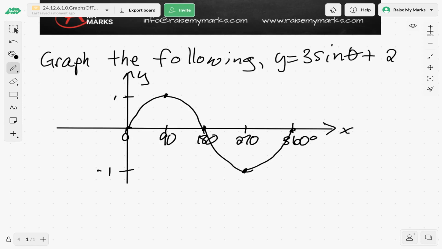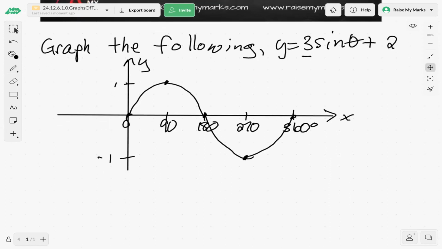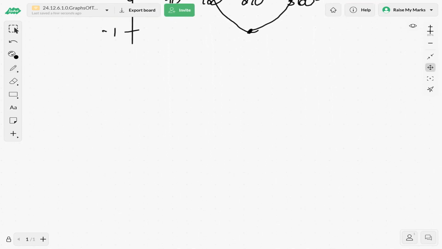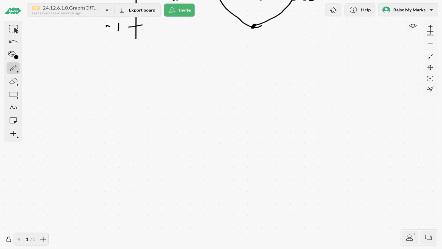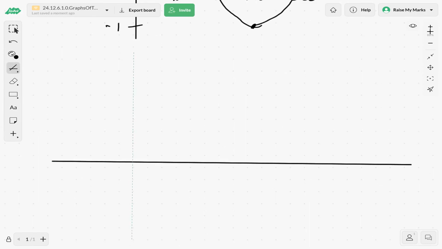Our first transformation is a stretch in the vertical direction by a factor of 3. So let's scroll down and give ourselves a bit more space vertically. Again, let's mark off our quarters of 0, every 90 degrees.